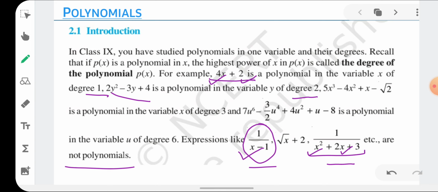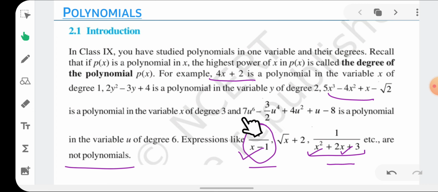4x cube minus 4x square plus x minus root 2 is a polynomial in the variable x of degree 3.